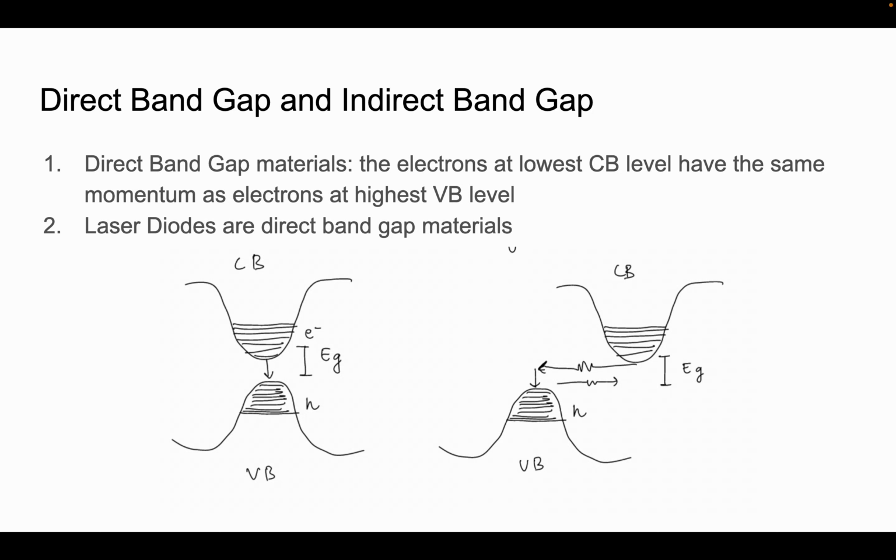The main benefit here is that being a direct band gap semiconductor maximizes the tendency of electrons and holes to combine by stimulated emission. So this increases the laser efficiency. So this is why, even though most semiconductors are indirect bandgap materials, laser diodes are direct bandgap, because this increases the efficiency.